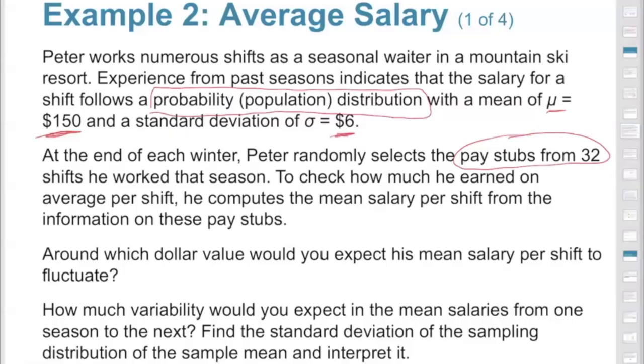This is n. Is it greater than 30 observations? Yes, it is. So in this case, he can apply the central limit theorem, because the condition of the central limit theorem has been met: n is greater than 30, since it's 32.